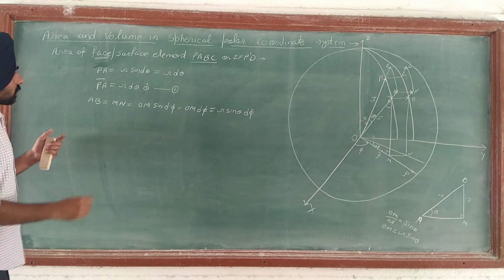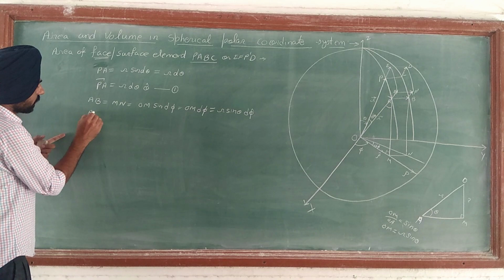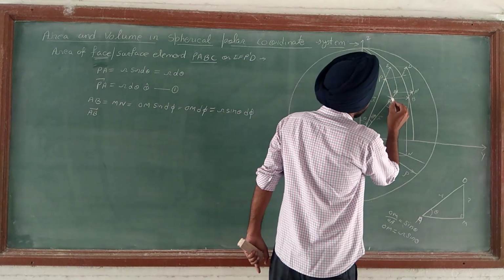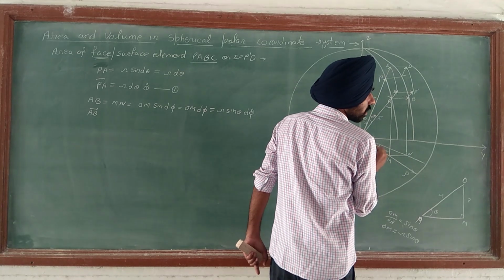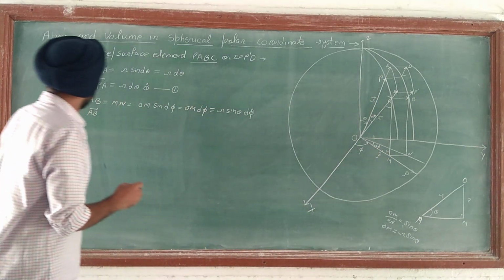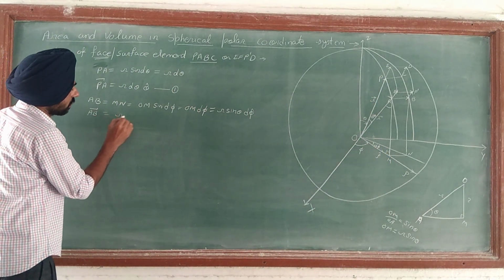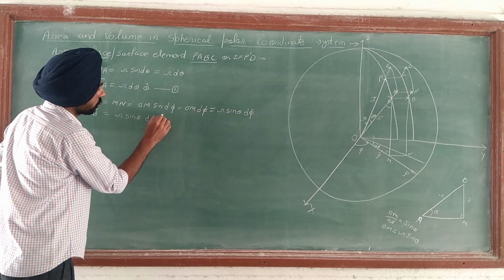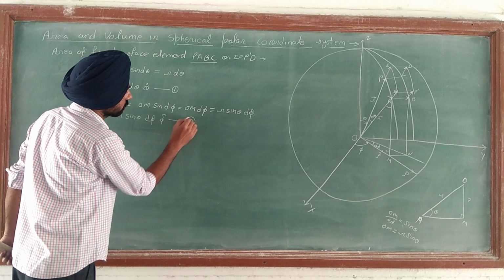Now the vector AB is in the increasing direction of angle φ, so we can write it as R sin θ dφ φ cap. Let it be equation number 2.